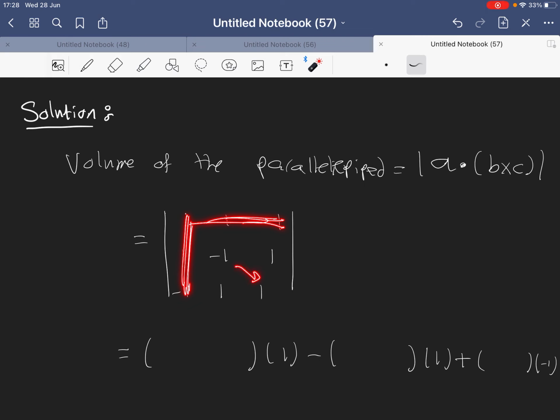Let's do the first number: cancel the row, cancel the column. What's the determinant of the remaining? This is negative 1 and this is negative 1, so it will be negative 2. Next, cancel the row and the column, and we find the determinant, which is 1 plus 1, so it will be 2. And finally, it is 1 minus negative 1, so it will be 0.